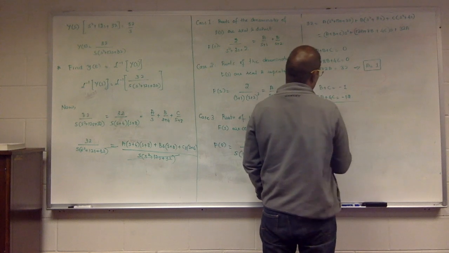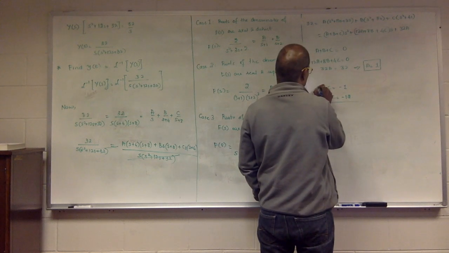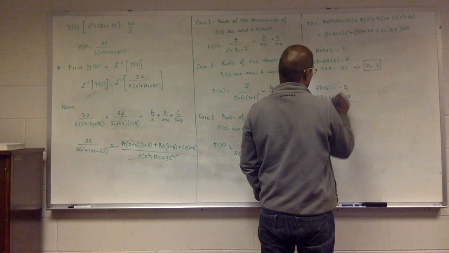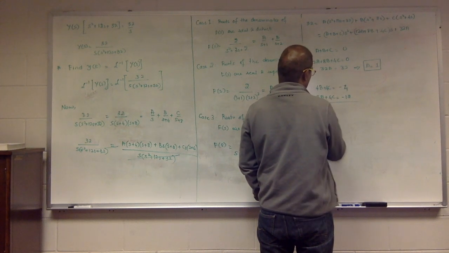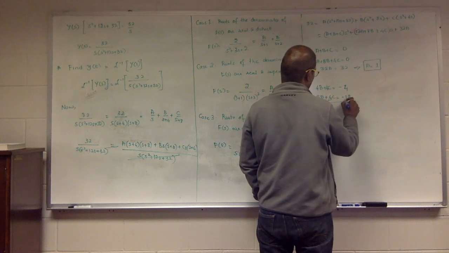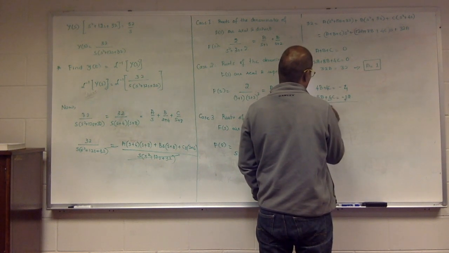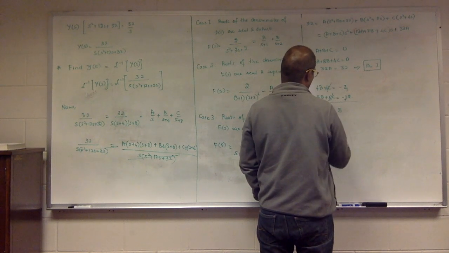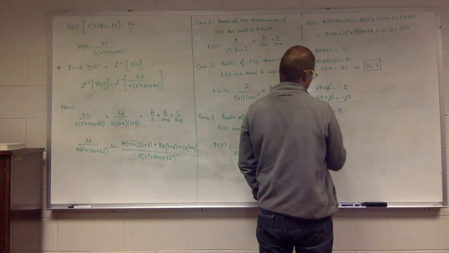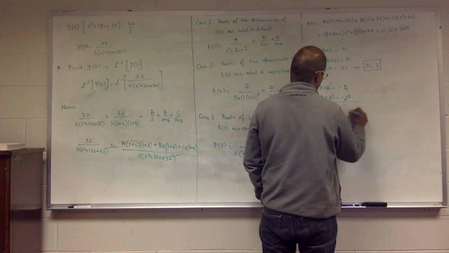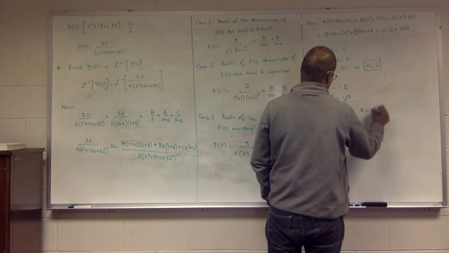So if I solve for this, I can write 4B plus 4C, 4 minus minus minus plus. I'm going to get minus 4B, this cancels, equal to 8. Okay, so which implies B is minus 2.